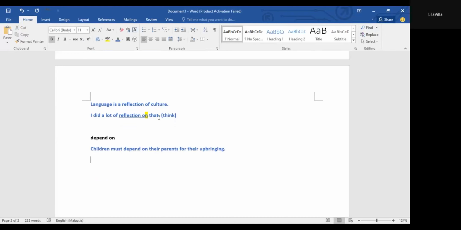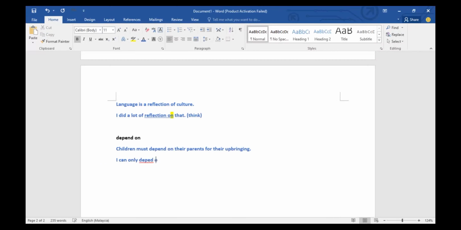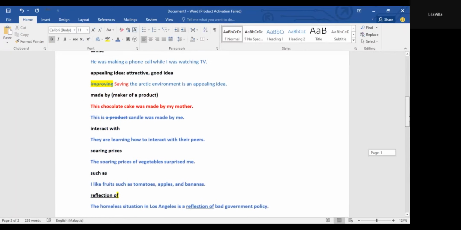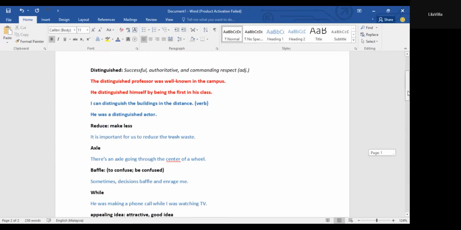It's your sentence. I can only depend on you. All right, because you are very dependable. Good job. Can you read all the sentences from the beginning?